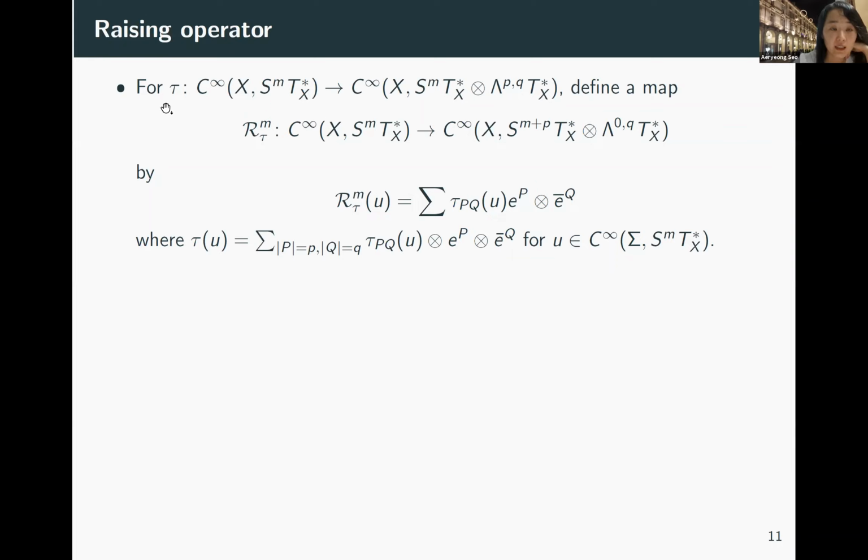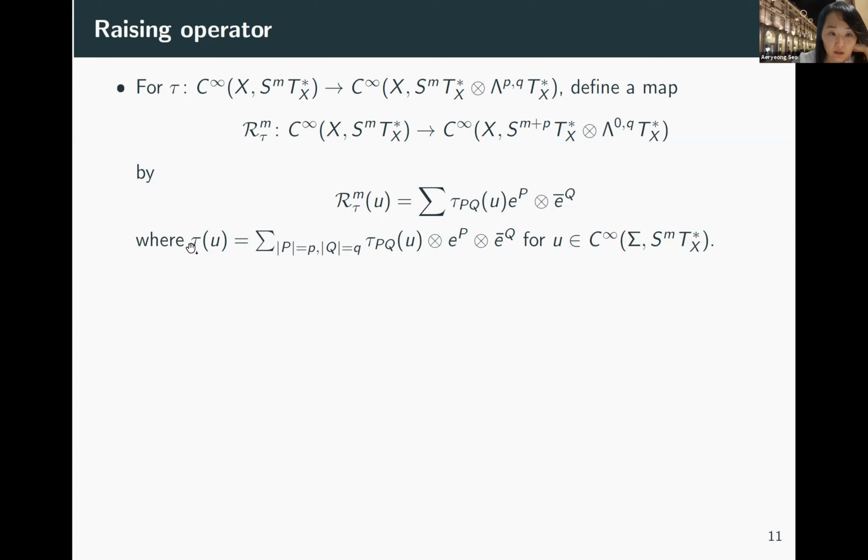So here, let's consider a map tau from smooth sections to the smooth sections of this bundle. Then we can define a raising operator with respect to this tau from this to here. So the power of the symmetric bundle is raised by p, and there is a 0,q form part.